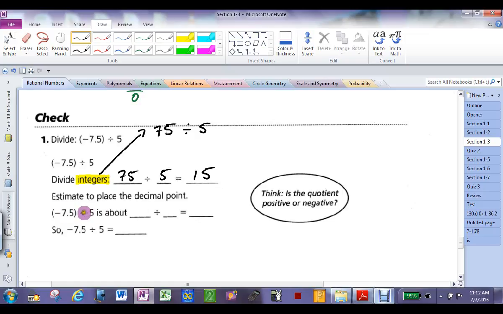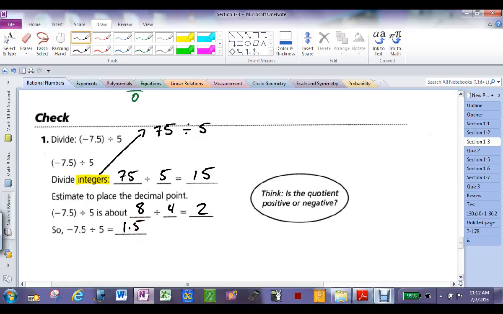This is an estimating situation. How would you estimate this? What's 7.5 close to? 8. And what's 5 close to that works well with 8? 4. What's 8 divided by 4? 2. So I need this to be a decimal that's close to 2. What is it? 1.5.